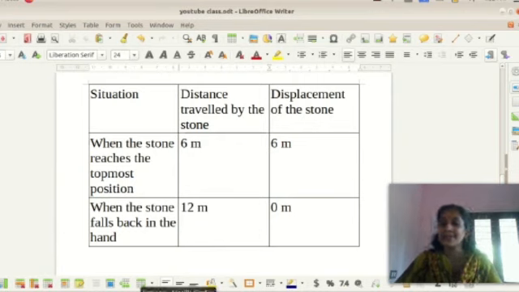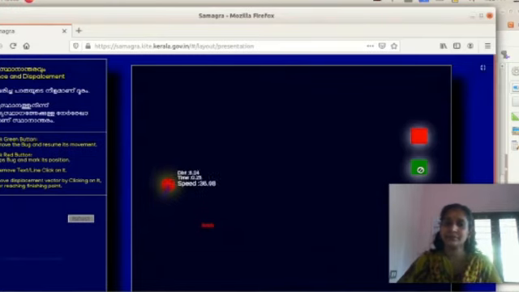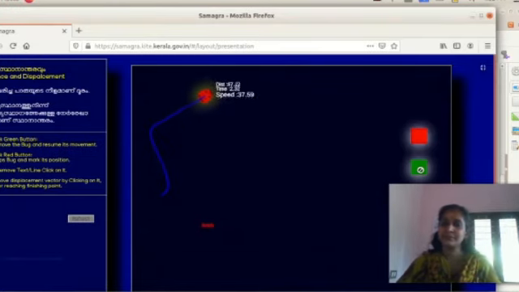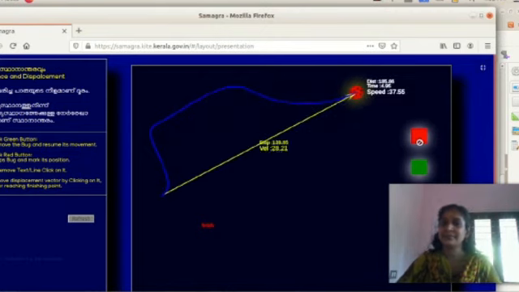We can consider another situation in our animation. We can stop here. This is the straight line distance. The color yellow represents displacement.